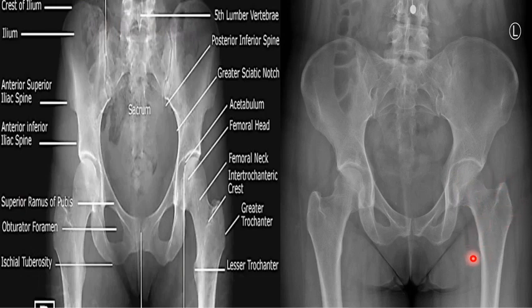This is the lesser trochanter, and the shaft. Yeah, this is the obturator foramina. This is the superior ramus of the pubis. This is the ischial tuberosity. So this is what you can see in the hip joint, the radiograph of the pelvis as well.